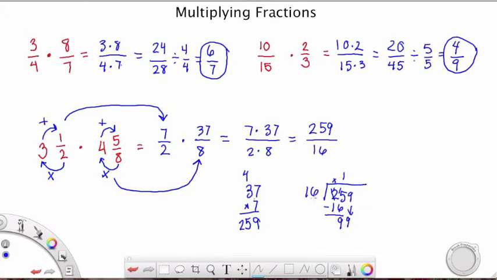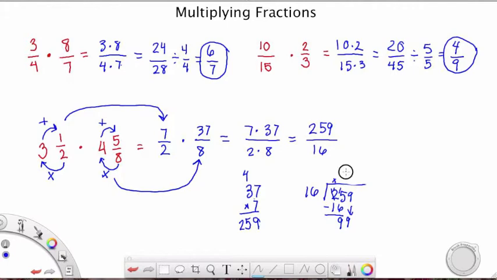I have 99. 16 goes into 99, I would say approximately 5 times. Let's give this a try. 5 times 6 is 30. Carry the 3. 5 times 1 is 5, plus 3 is 8. You know what? I could have gone one more time. So let me change this. I'm going to break out my eraser. Okay, get my pen back.